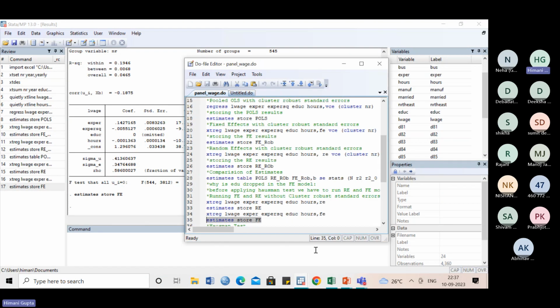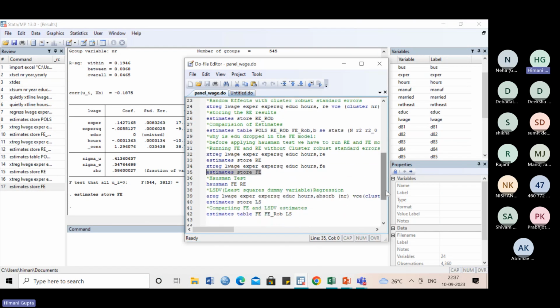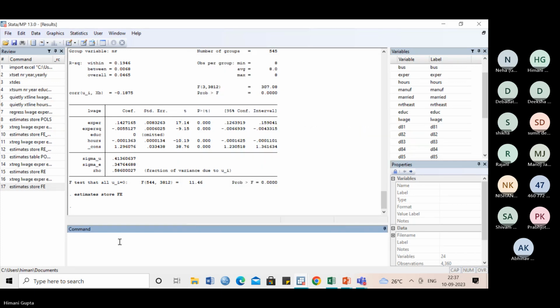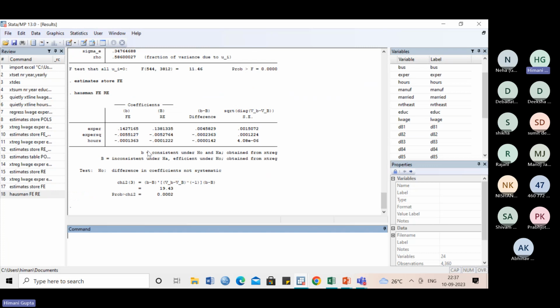Now, after that, I will apply the Hausman test. You can see the Hausman test results over here. It has calculated FE, it has calculated RE, then the difference between these two and the standard error.